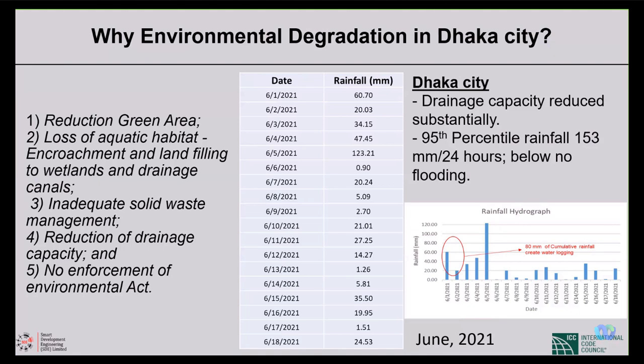Here is an example of Dhaka city. Normally, rainfall becomes an extreme event when rainfall intensity is more than the 95th or 90th percentile, which is approximately 153 millimeters for 24 hours of rainfall. On 2nd June 2021, we found a lot of areas, Mirpur and others, went underwater with even 80 millimeters of rainfall.